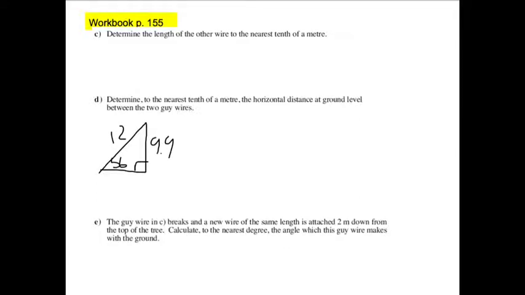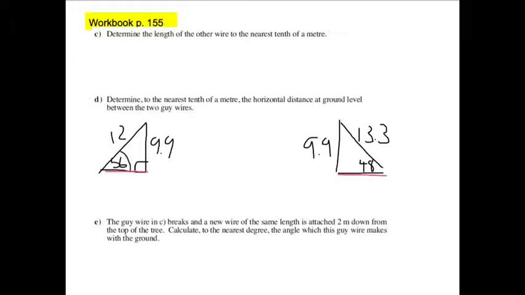The other triangle we said was 9.9, 13.3, and we said that this was a 48 degree angle. So we need to find the two sides right here that I'm highlighting in pink. And we're going to add those together, and we will get the horizontal distance between the two wires.